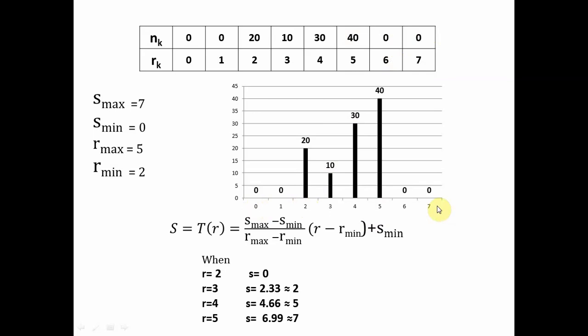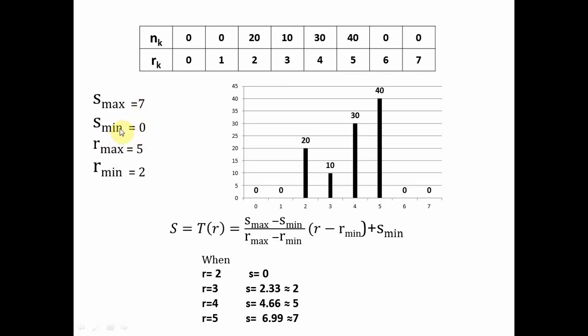Now from the diagram or from this table I can get the different levels of S and R. S max is 7, that is L minus 1, which I want to cover. If it is 3 bits per pixel, 2 raised to 3 is 8, so L minus 1 is 7. S max is always L minus 1 and S minimum is always 0.